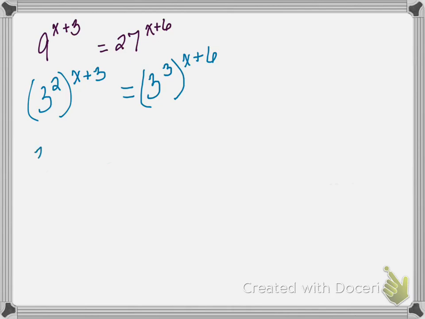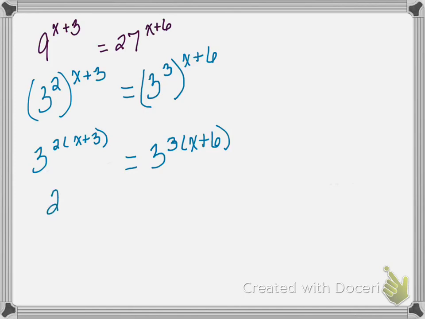So, students forget they've got to distribute. That's where they make the mistake. That 2 has got to be multiplied times that other power. So I've got 3 to the 2 times x plus 3, 3 to the 3 times x plus 6. Now that I've got my bases rewritten as the same base, I can use the rule that says my exponents are equal.